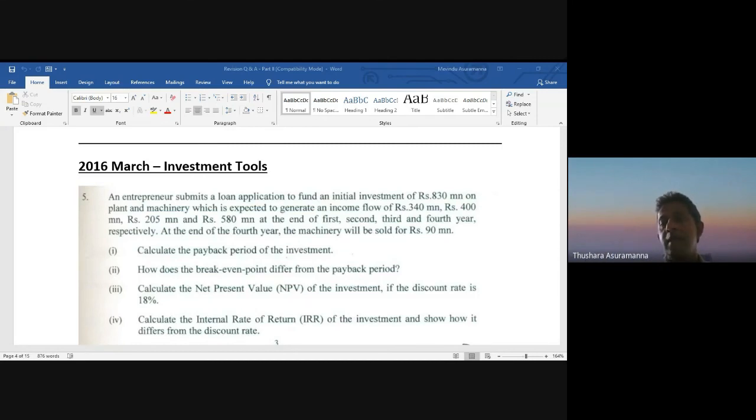We ended up with 2.75, a negative. Positive is 215. So NPV is 215 at 18%, and negative 2.75 at 25%. Then the IRR should be in between. Use that equation and see whether you can get the answer.